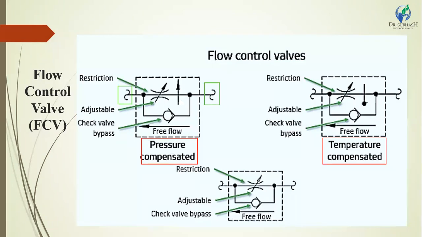Here one arrow is drawn. It measures the pressure of the system line and controls the pressure inside the oil. Here is also a valve for temperature compensation. It controls the temperature of the valve. The temperature compensated valve measures the oil temperature as per the requirement.